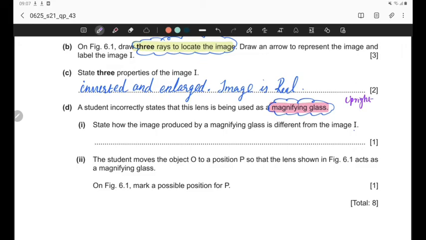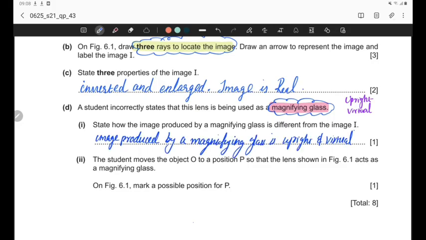And the second property is that it will be a virtual image, not real. But in the case of the lens given in this particular question, the image we got was a real image. In a magnifying glass, it will be a virtual image. So we should mention these two points in order to state how the image produced by a magnifying glass is different from the image I. Image produced by a magnifying glass is upright and virtual.